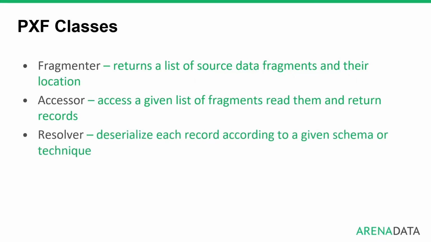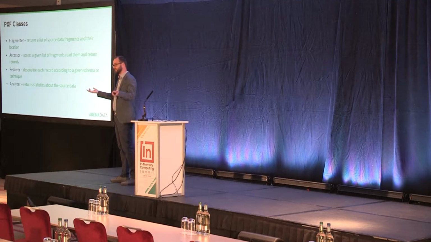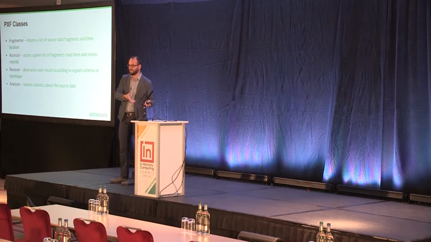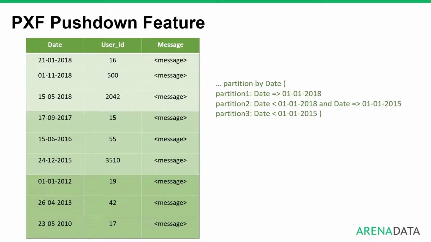The resolver records according to the given schema or technique, and the analyzer just collects the data and statistics from the source system, because it's necessary for the optimizer to have information about what the destination system is, what the external system is, which tables it has, and so on.